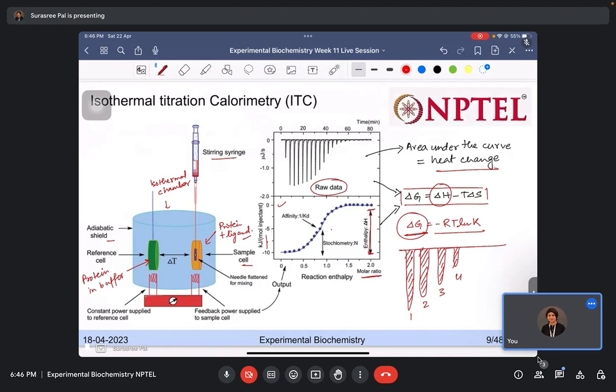And when we have both delta G and delta H, we can also calculate the change in entropy, that is delta S. So all the thermodynamic parameters, delta G, delta H, and delta S, as well as the dissociation constant, can be determined from this experiment, isothermal titration calorimetry.